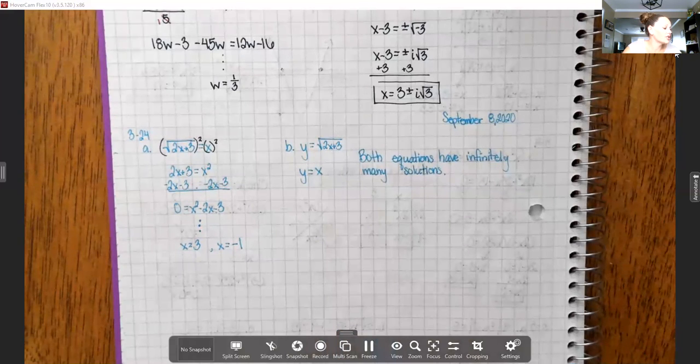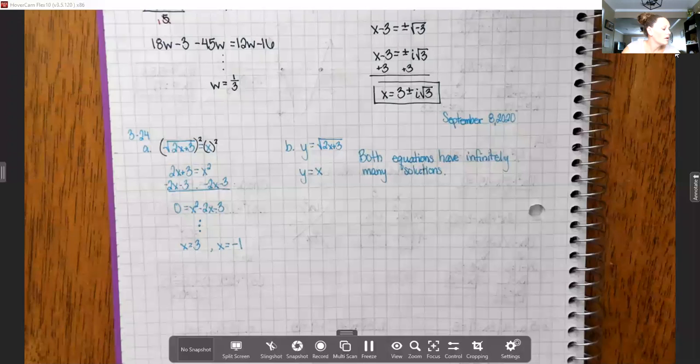So Miranda says she's going to graph them to check the solutions. How will graphing help her check the solution?